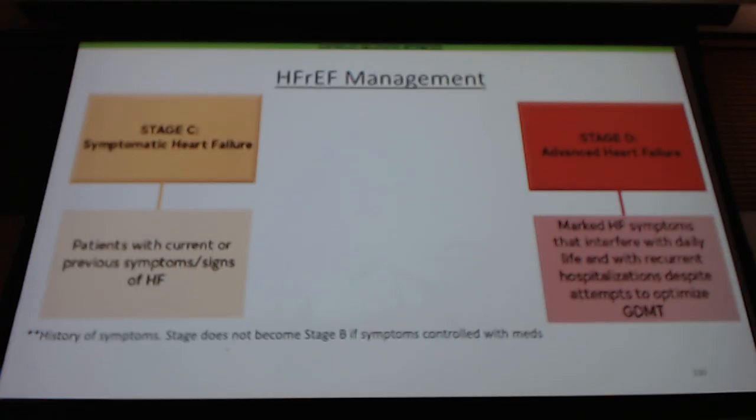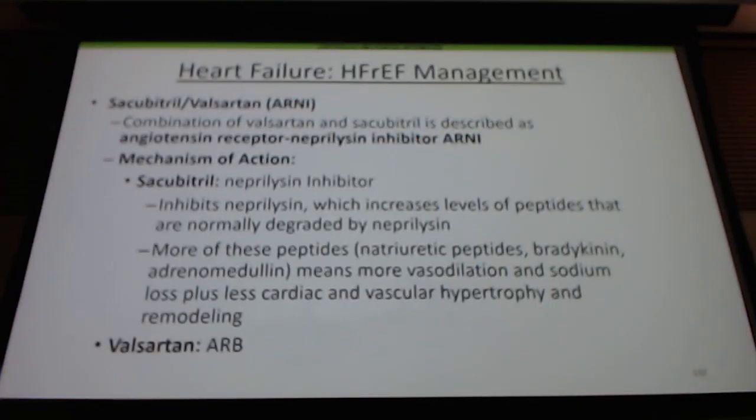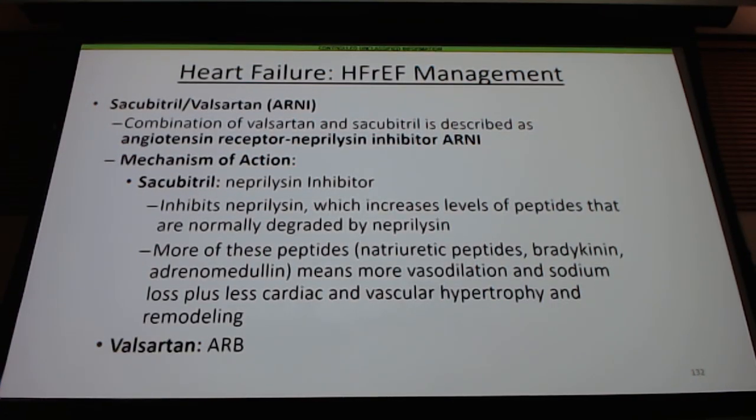Then we went on, we started talking about stage C, where now you're having symptoms, and stage D is you don't respond to treatments as adequately or enough. And we talked about there's a stepwise fashion to this. And one of the medications that is highly recommended in somebody with stage C is the angiotensin receptor neprilysin inhibitor, or ARNI, because the neprilysin inhibitor component of it inhibits the breakdown of the natriuretic peptides.